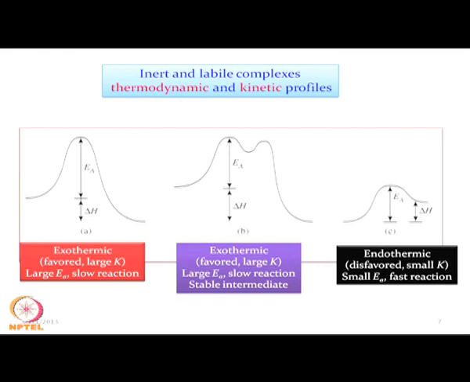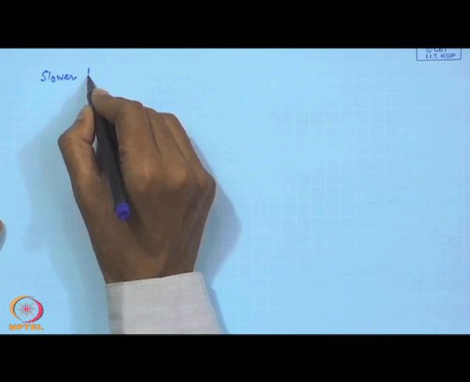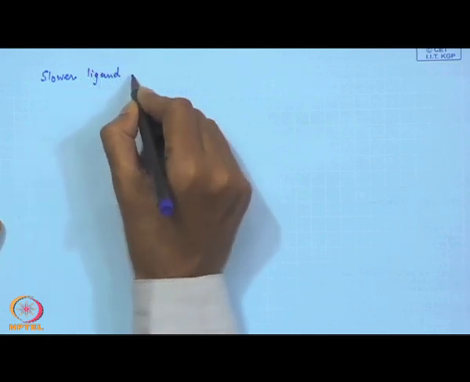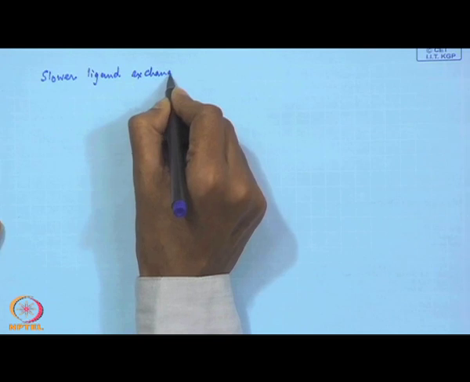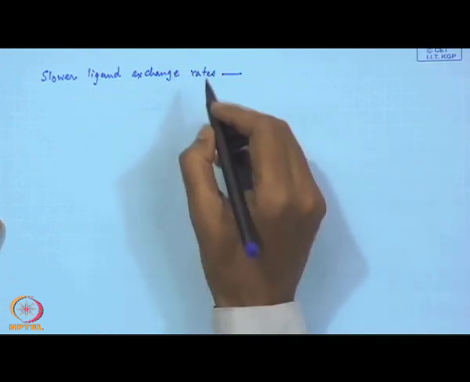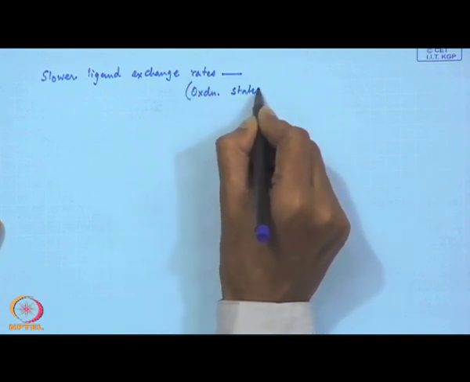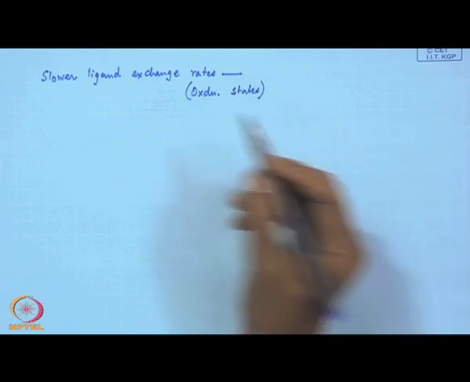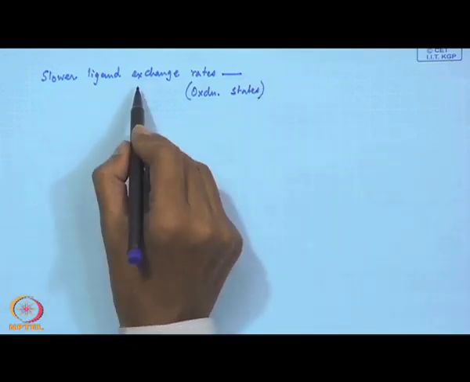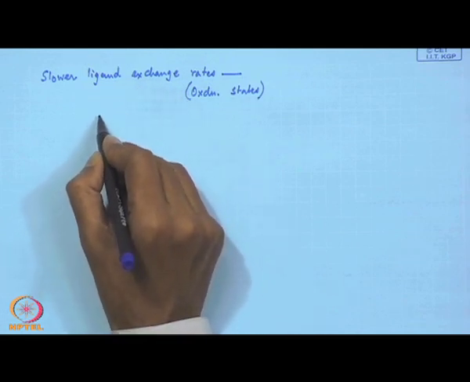So, if we have certain reactions, we can consider some slower ligand exchange rates, which are dependent on the oxidation states. So, depending upon the oxidation states, we have a very slow ligand exchange rate, as for the water exchange and other ligands.